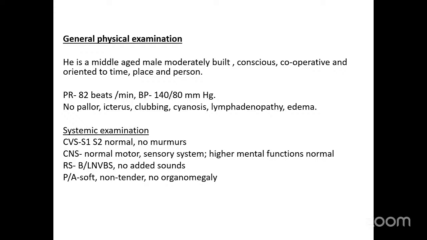The cardiovascular system: S1 and S2 were normal and no murmurs were heard. The central nervous system: normal motor and sensory systems, and higher mental functions were normal. The respiratory system was normal with no added breath sounds. The abdomen was soft, non-tender, and no organomegaly was noted.